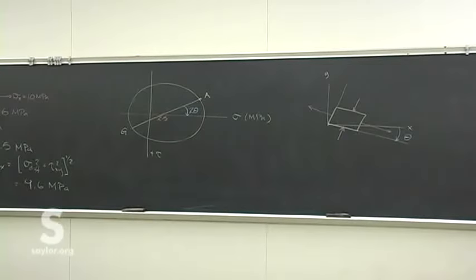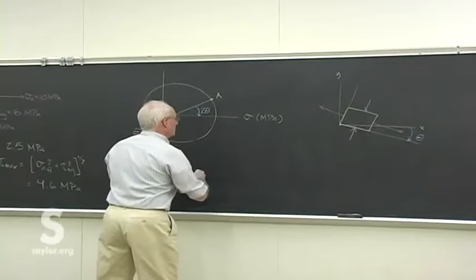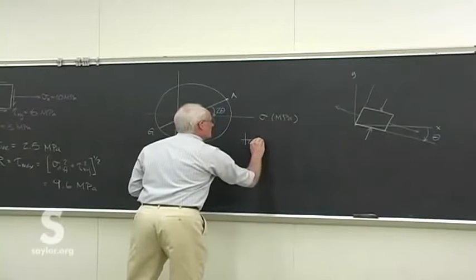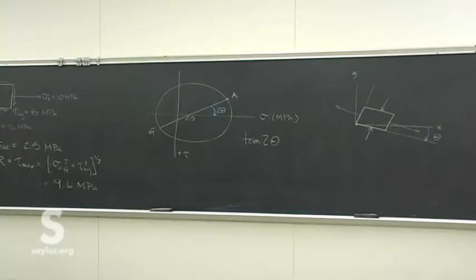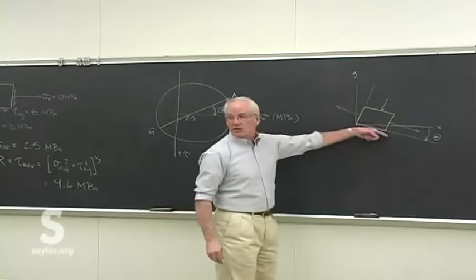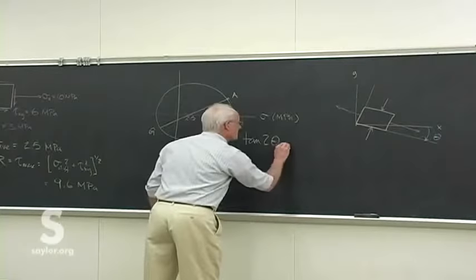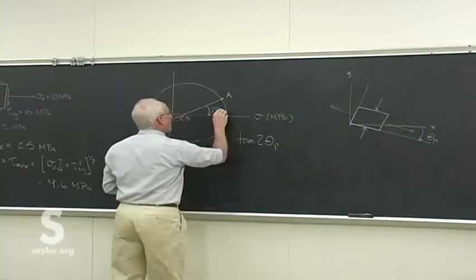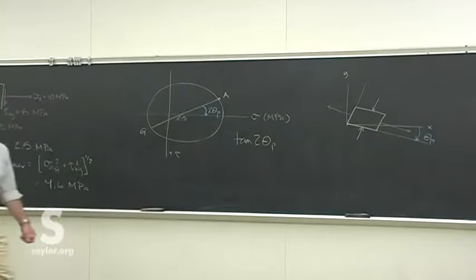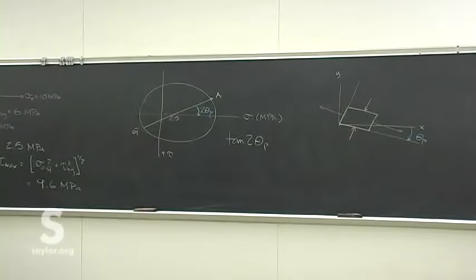Okay, we can figure out just what that angle is, because let's see, tangent of 2 theta, and by the way, this direction is called the principal direction because it leads to the maximum stresses. So we call this angle theta p, the principal angle. We can analyze any other angle just by putting it on the drawing and going around the circle.